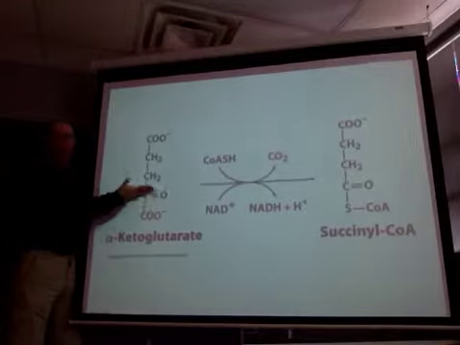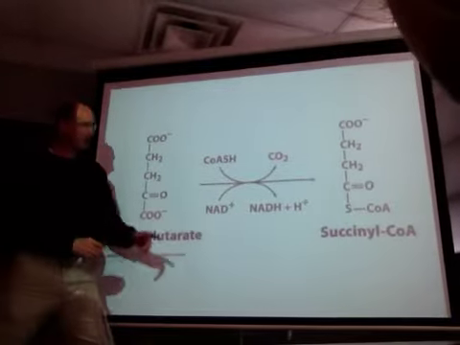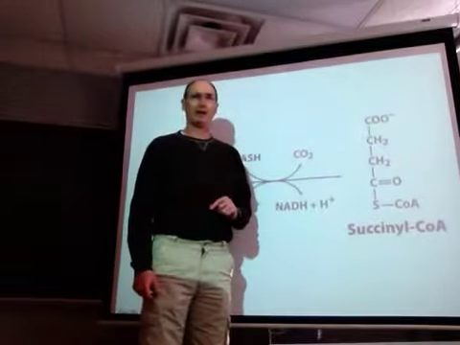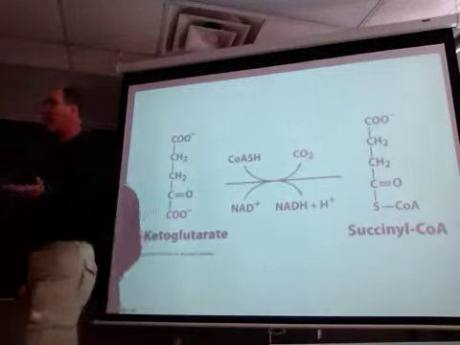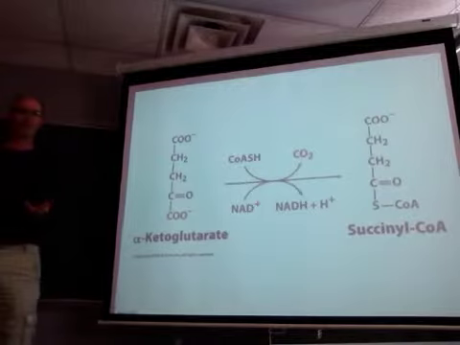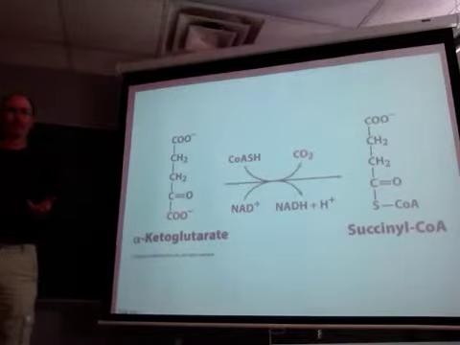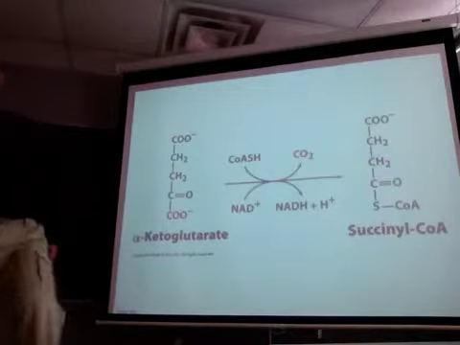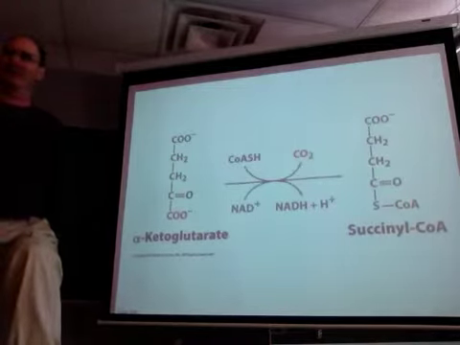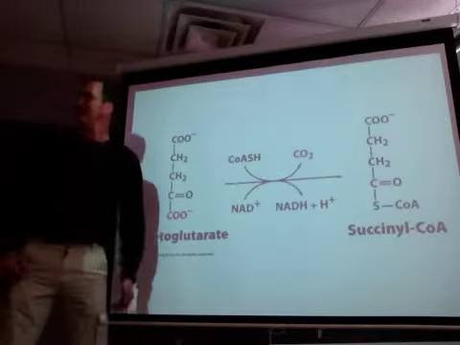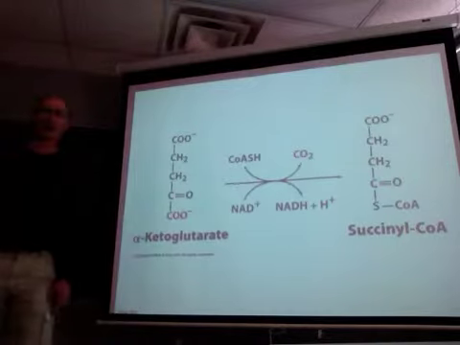Taking off a carboxyl group adjacent to a carbonyl and making it a CoA thioester. What did it take to accomplish that with pyruvate? An enzyme. What was characteristic of that enzyme?